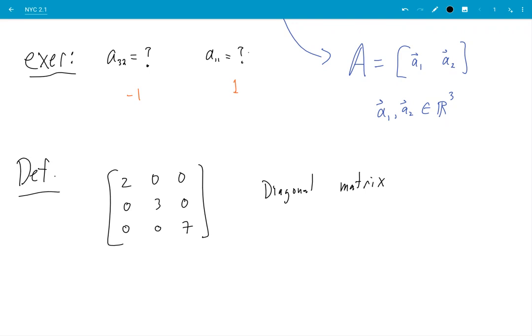Okay, what it means is that off of the diagonal, you have zeros, only zeros. On the diagonal, you could have anything. You could have zeros on the diagonal. Okay, so even if that's a 0, still a diagonal matrix.